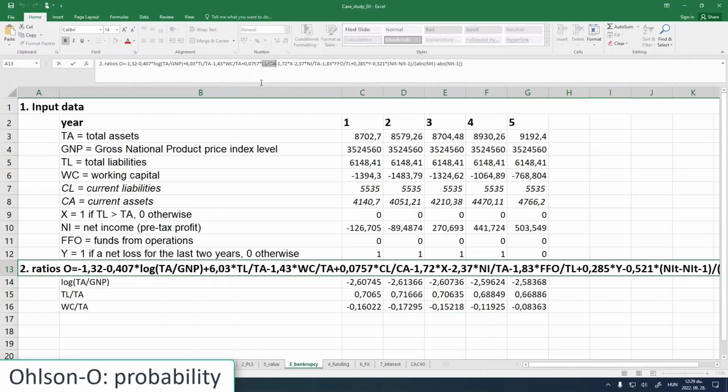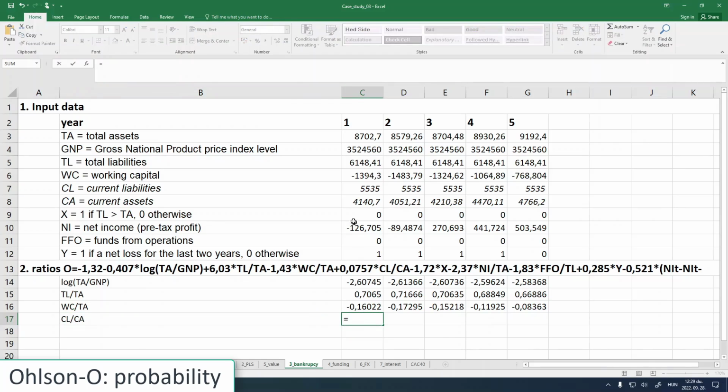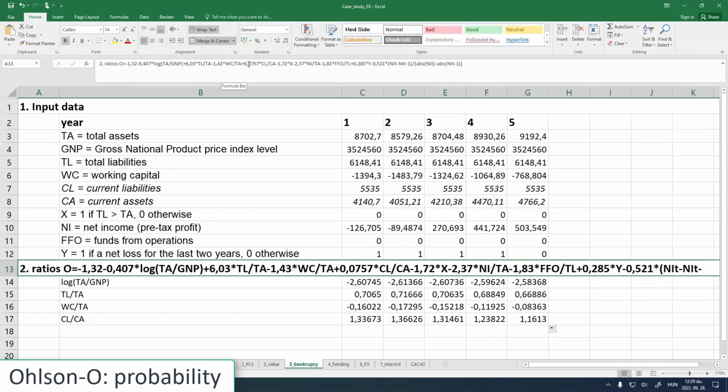Then current liabilities divided by current assets. Again, if it's bigger than 1, then we are using aggressive funding, so we are operating much more on the short run than it would be in a conservative case.